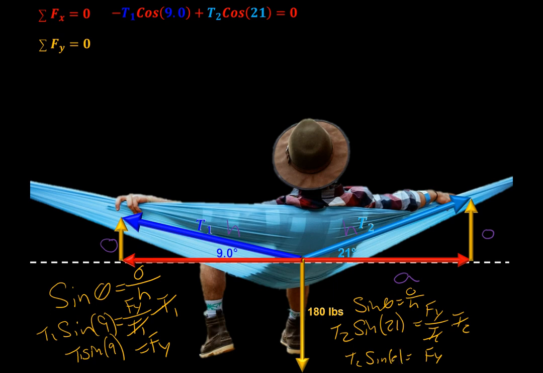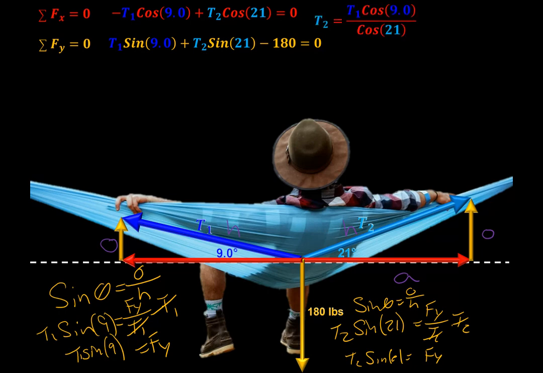That's both going up, so those two plus the negative 180 that a gentleman weighs would balance each other out and equal 0. It purely becomes an algebra problem now.